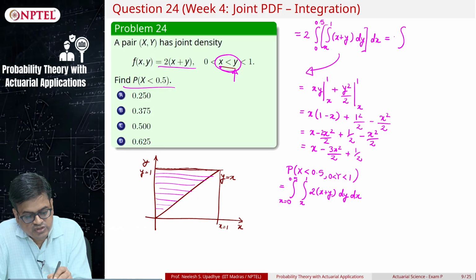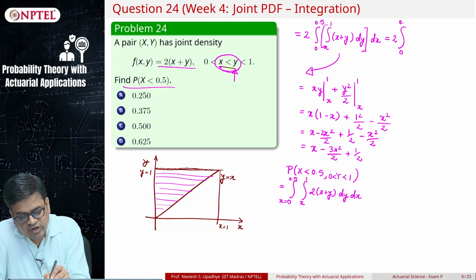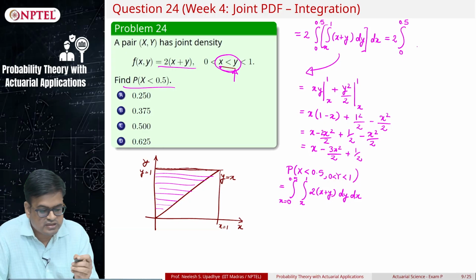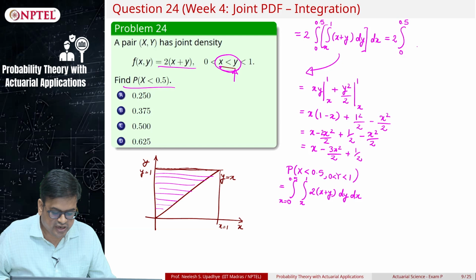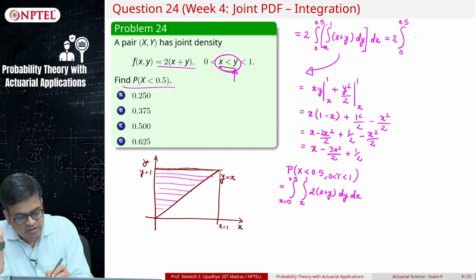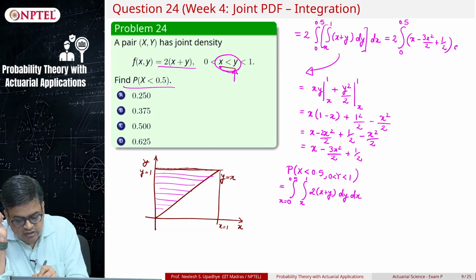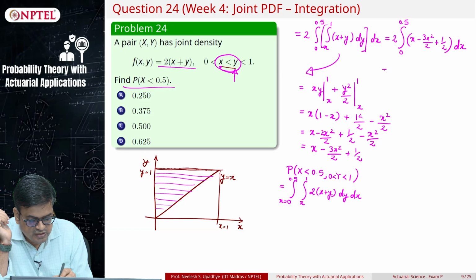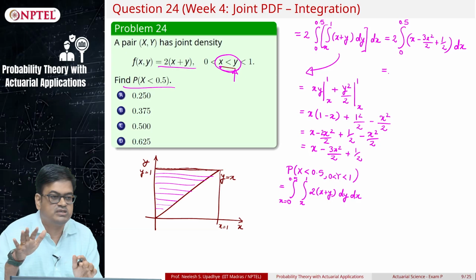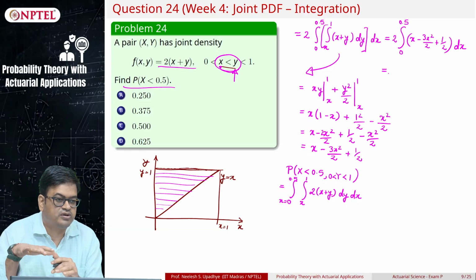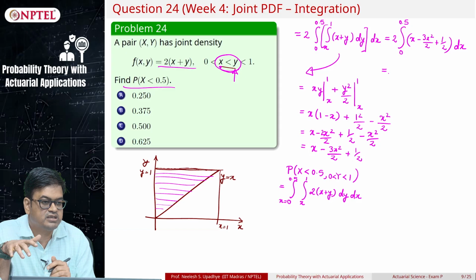So I will use the outer integral, this 2 will remain as it is, 0 to 0.5, and now inside instead of that square bracket I will put this particular expression, which is x minus 3x square by 2 plus half, and then comes dx. Then how will you solve? It is very simple. Then it is a straightforward algebra that you have to execute.